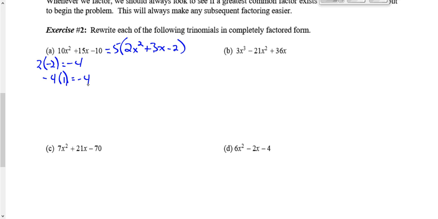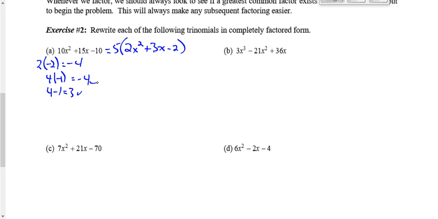That's negative 4. Well, hold on. You sure it's negative 4 and 1? Because these will end up adding to negative 3. And we need positive 3, right? So it should be 4 and negative 1. And so then 4 minus 1 equals 3, right?